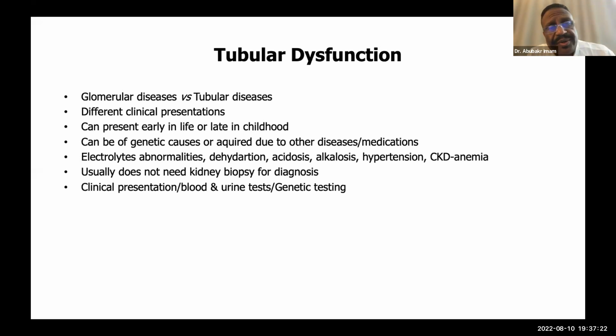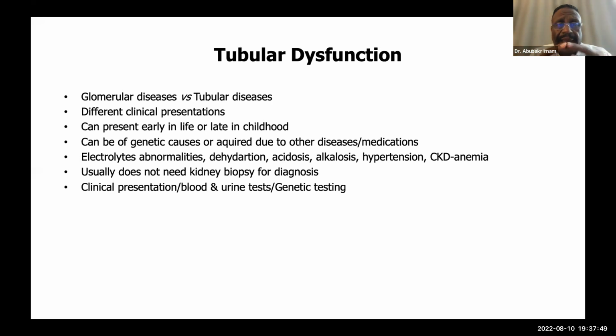The other face of the coin is the tubular diseases. If you remember, the glomerulus filters to the tubule. Now it is the job of the tubule to claim back all these filtered substances, fluids, and nutrients that the body will need.